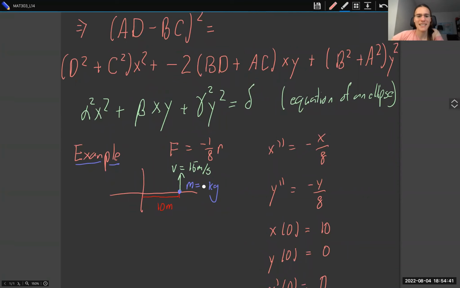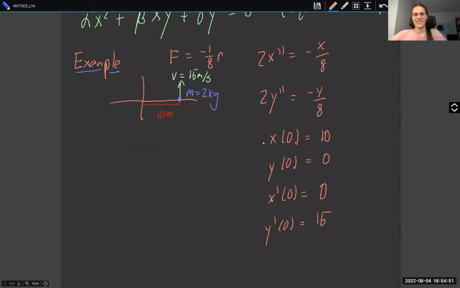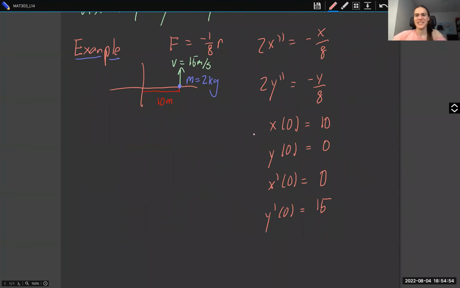I decided to make the mass different, is what happened. So 16 is, on the other hand, a perfect square.